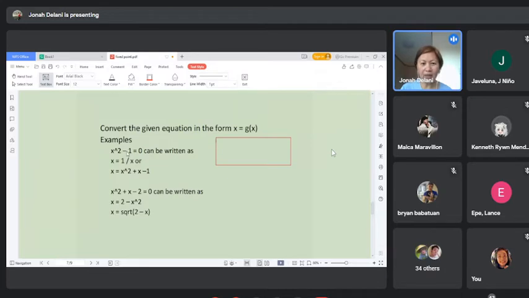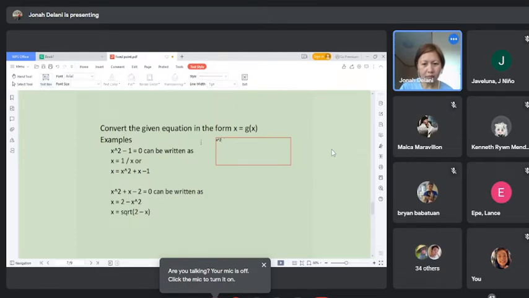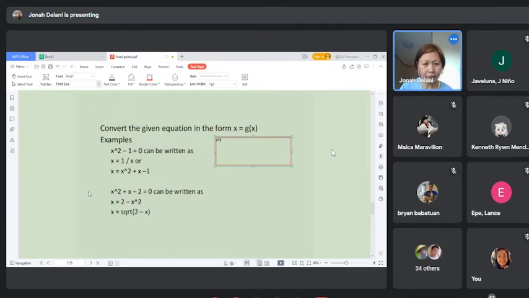So if this is, we solve x in terms of x, diba? If I will make this, conditional example ha, the first example, I can make this x squared is equal to 1.